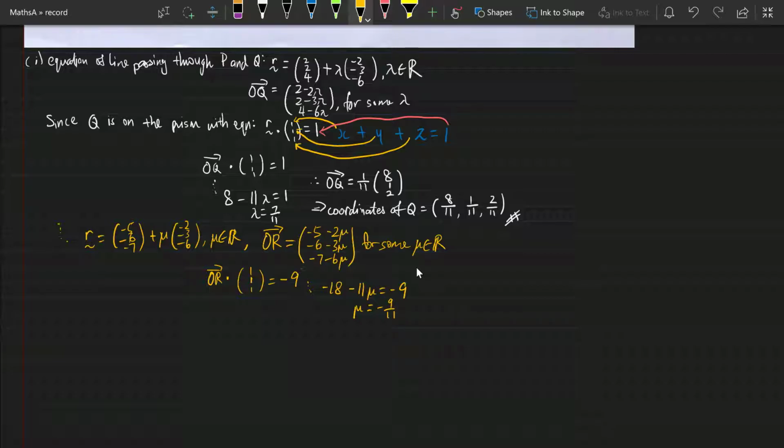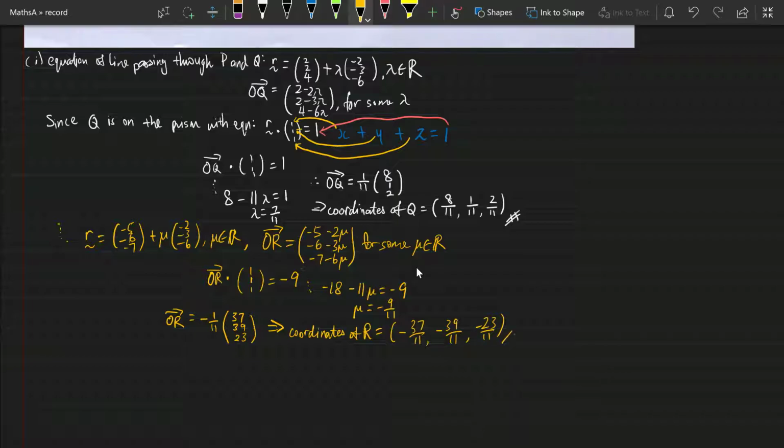So OR, after I factorize the -1/11, would be 37, 39, and 23, which means coordinates of R equals -37/11, -39/11, and -23/11.